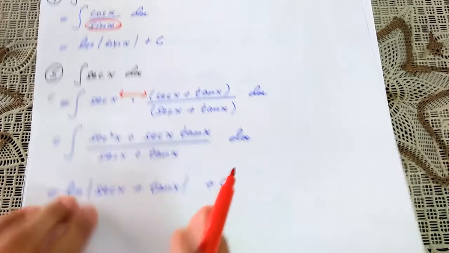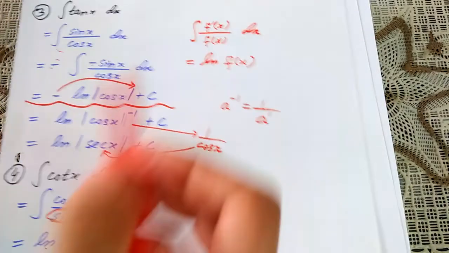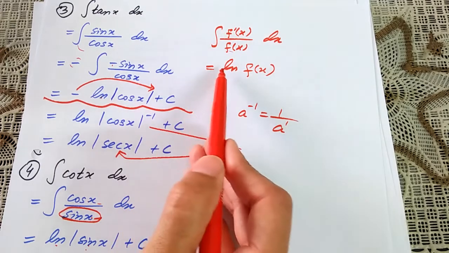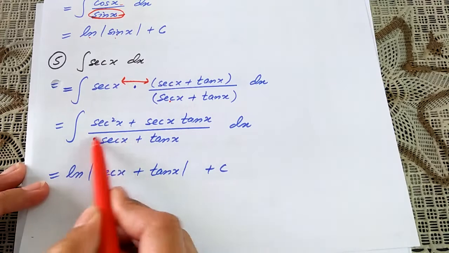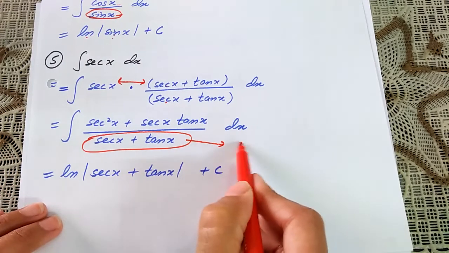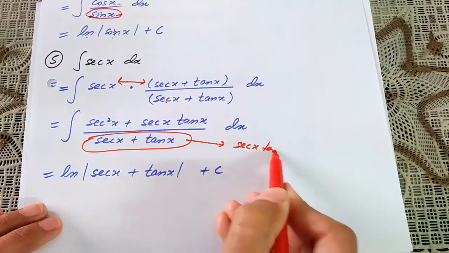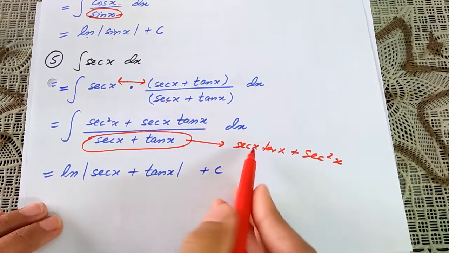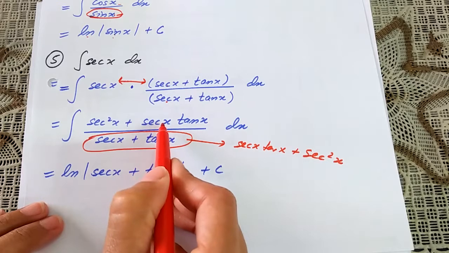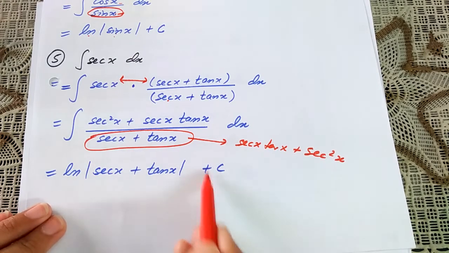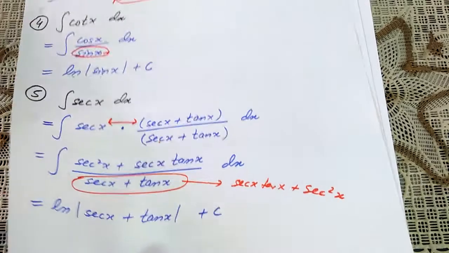Now again we use the formula that if the denominator function has its derivative in the numerator, we can write ln of the denominator function. Check that: take the derivative of this denominator. Secant x gives the derivative secant x tan x, and tangent x has the derivative secant square x. You see, this is the same function as the numerator. So we can write ln of this denominator function plus the constant of integration.